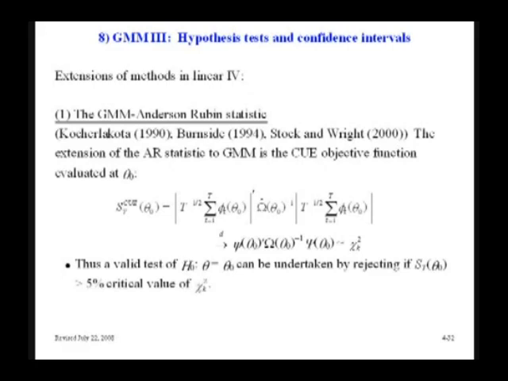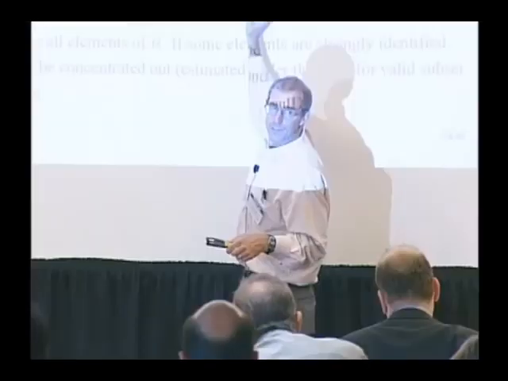So this is a normal, and this is a normal. And this is just a HAC covariance matrix estimator at the true value, so it's going to be the covariance matrix of this guy. So it's chi-squared. At the true value, the CUE objective function has a chi-squared k limiting distribution.